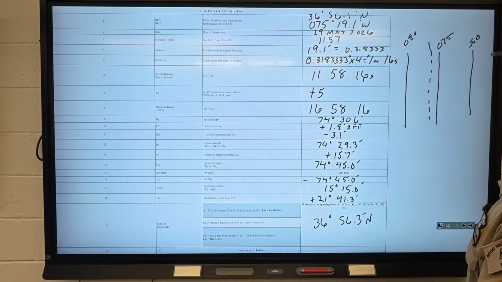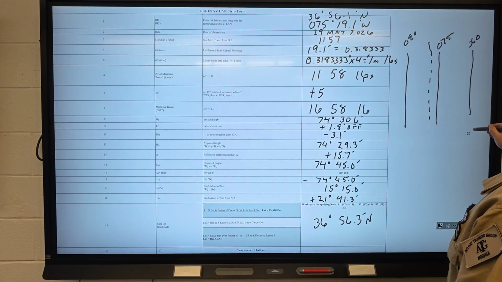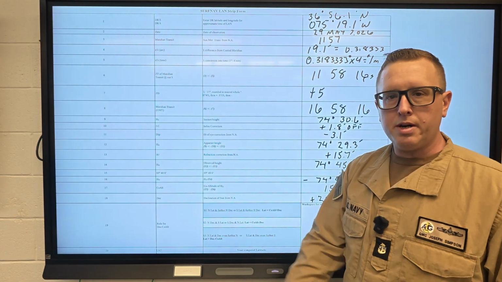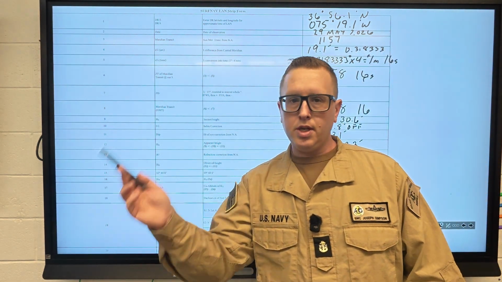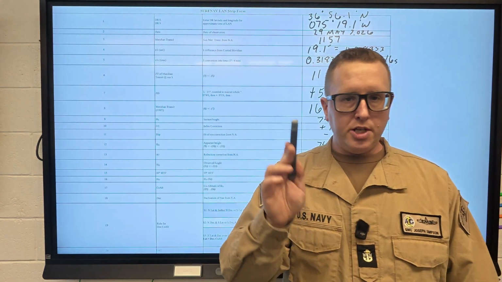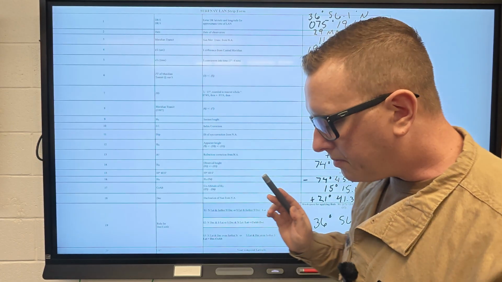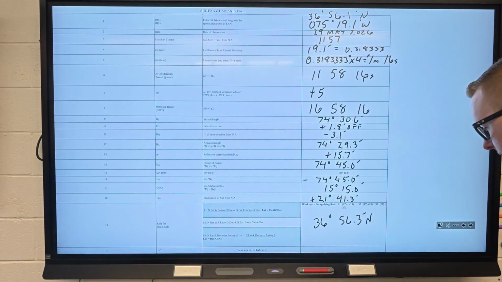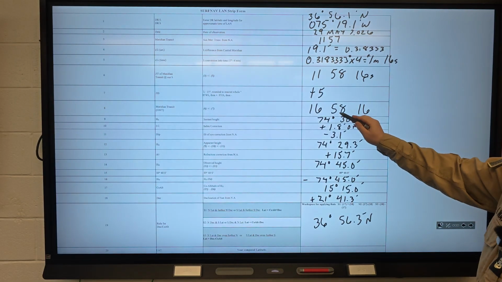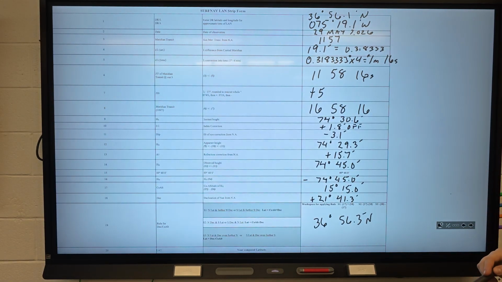Now I said something earlier about GHA. Since the sun will be straight above you based off Greenwich, that's what GHA is based off of, your GHA should equal your longitude. So basically all you're going to do is take 16:58 and 16 seconds, go to the increments and corrections page, use the daily page as well.